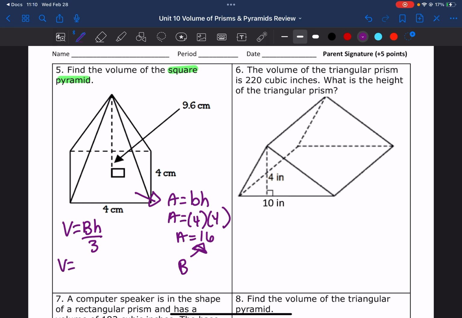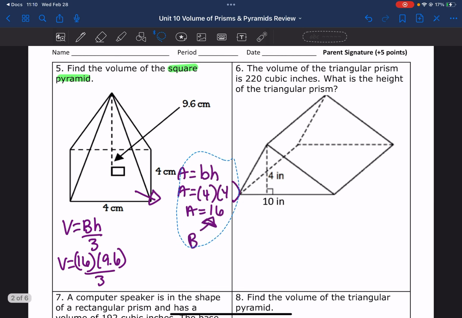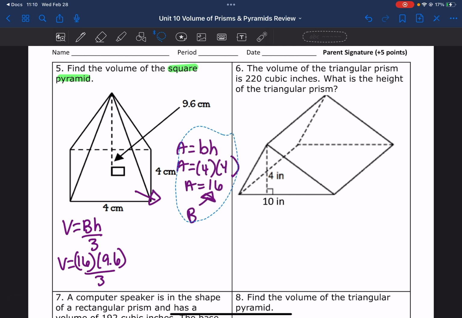So volume is equal to 16 times the height of the pyramid, which is 9.6, divided by 3. I'm going to move this up just a little bit. Now here, I'm going to do 16 times 9.6 over here. 6 times 6 is 36. 9 times 6 is 54.